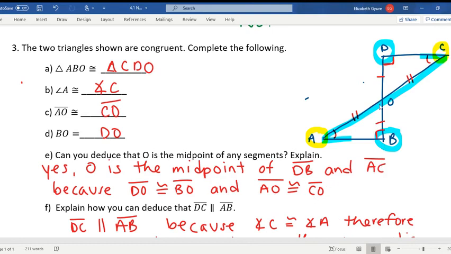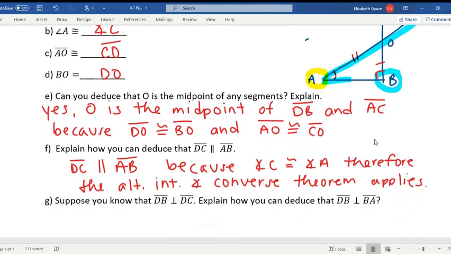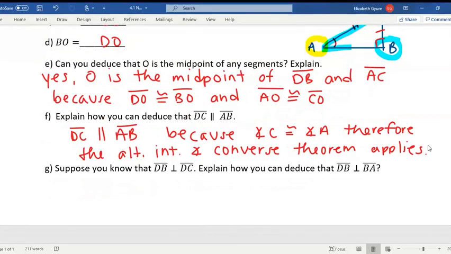And if you have a right angle, then these segments will have to be perpendicular as well. So we're going to say that if DB is perpendicular to DC, then angle D is 90 degrees.